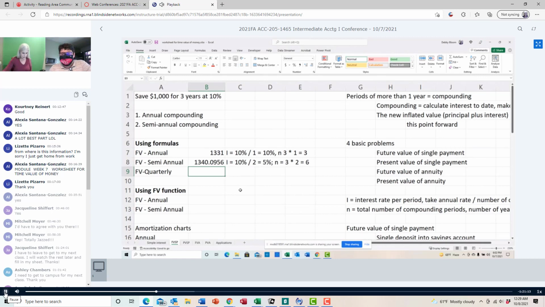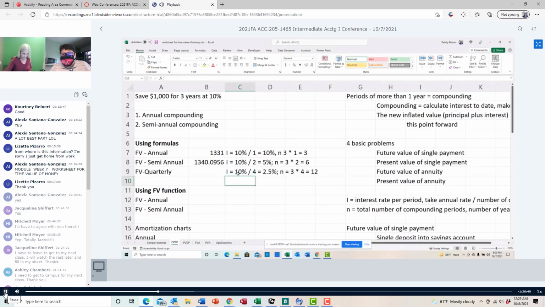Now, if we're using quarterly, our I would now become 10% divided by 4, which of course is 2.5%. And our N would now equal 3 times 4, right? 3 years multiplied by 4 payments a year. So our N would be 12.